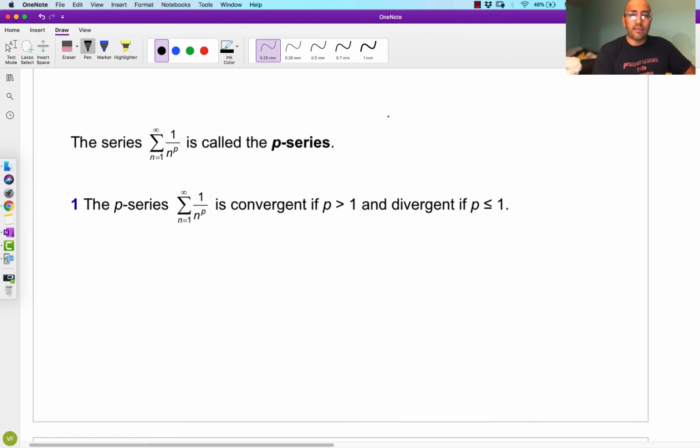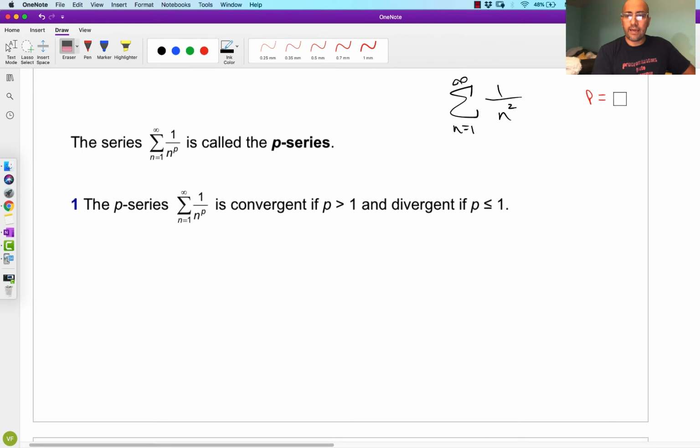In other words, this could be the case where we have 1 over n to the power of 2, going from 1 to infinity. We've seen that one before. Here, p equals 2.